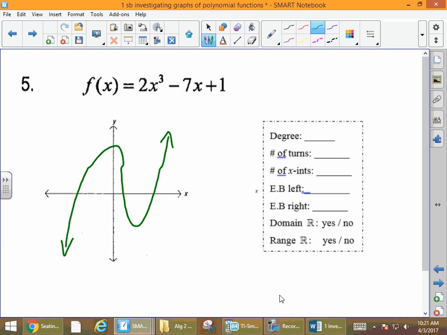What's the degree of the function, remembering that the degree is the highest exponent in our equation? So what's our highest exponent? 3. How many terms do we have in this particular polynomial? 2. How many x-intercepts do we have?